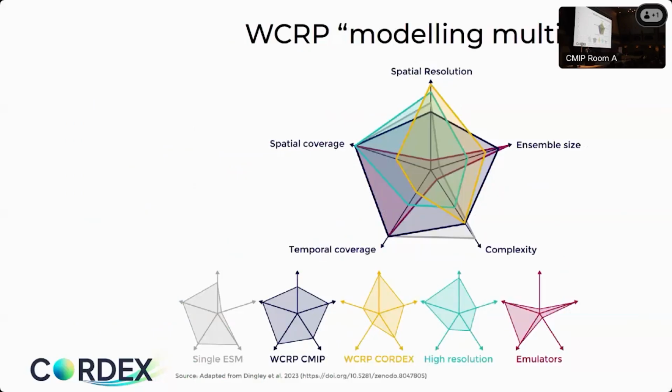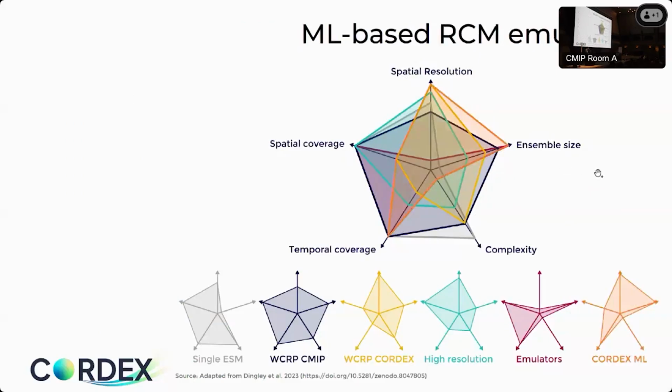These emulators will allow CORDEX to mitigate the current problem that it has, which is essentially not being able to produce large ensembles or long runs with these regional climate models. And we will try to fill or expand this phase space of this plot that you have seen already several times. So the machine learning would allow to cover this high spatial resolution and at the same time having large ensembles.